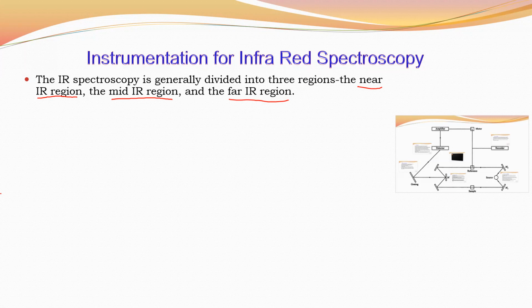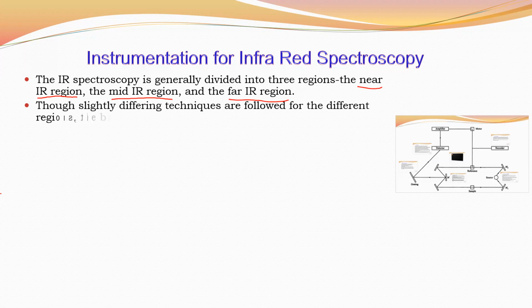Although IR spectroscopy is divided into three categories, the instrumentation for all three regions is similar. So the basic components of an IR spectrophotometer are the same.